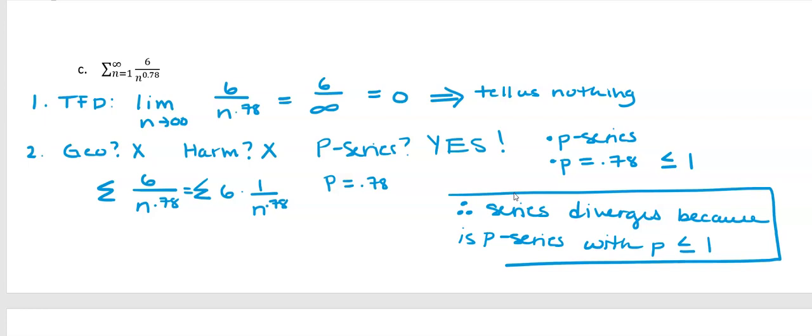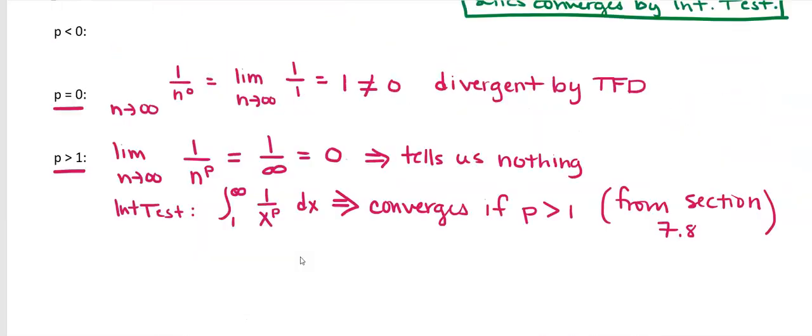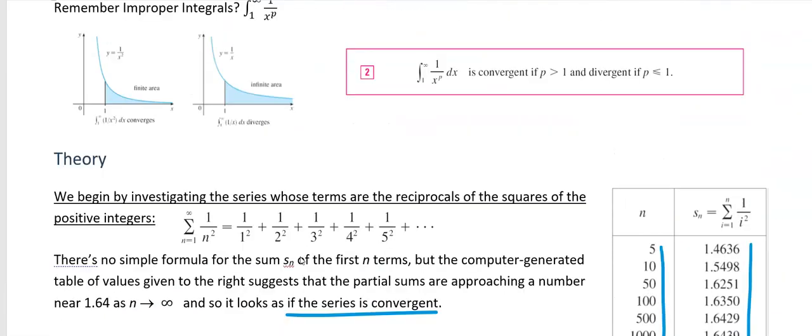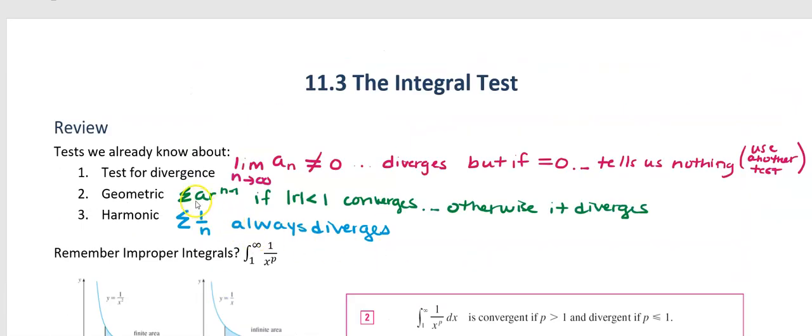And there you have it. So that is what we had to talk about for the integral test. So hopefully you can remember the test for divergence, geometric, harmonic, now the p-series as well, and of course the integral test.